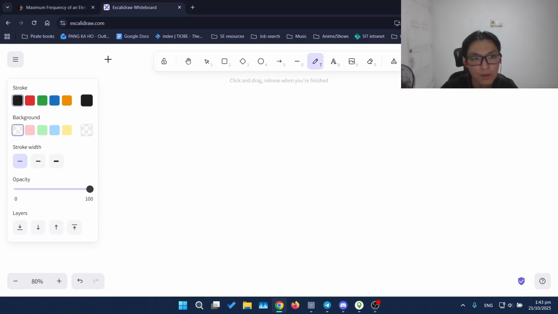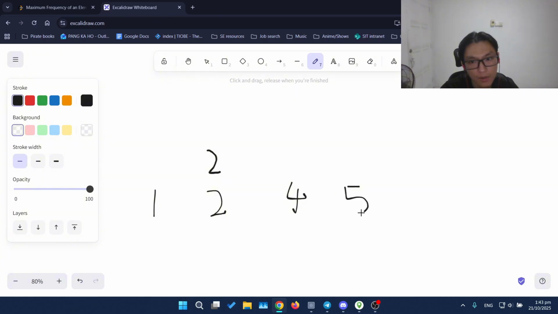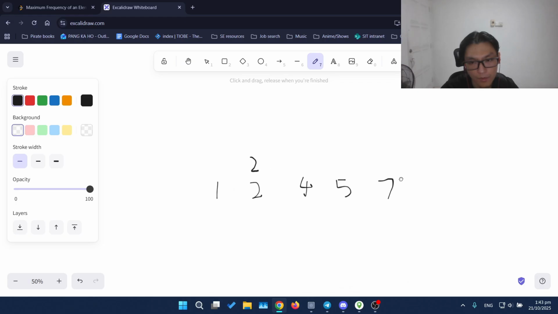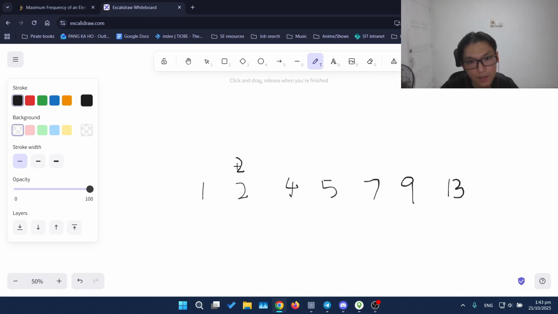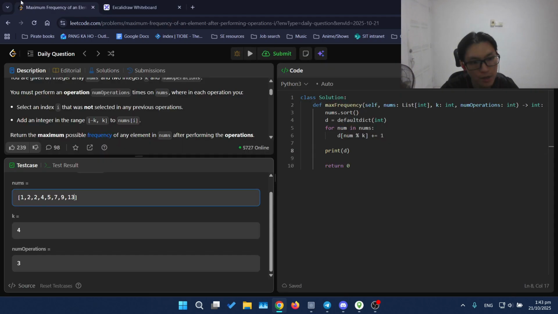This is the one. 1, 2, 2, 4, 5, 7, 9, 13. K is equal to 4. Numops is equal to 3. Right, 3. Yeah.